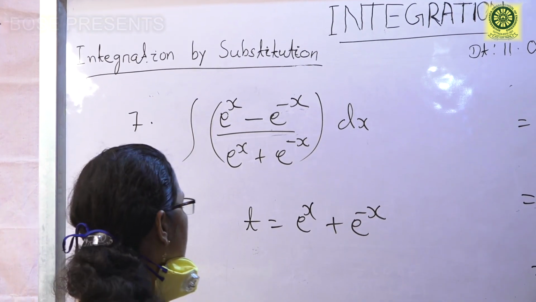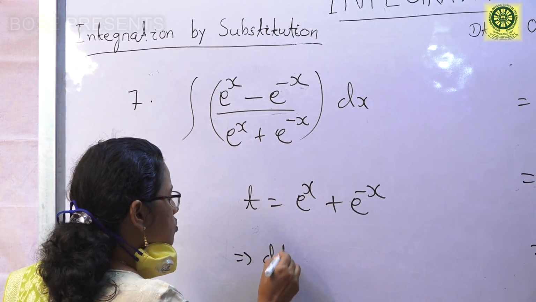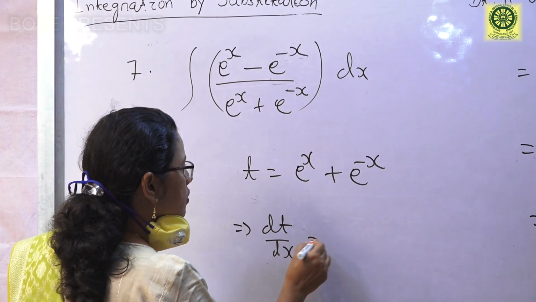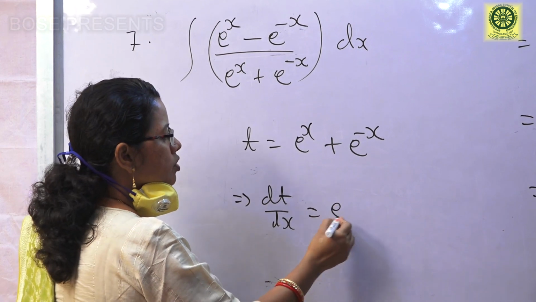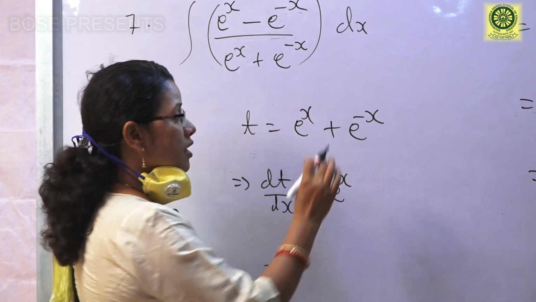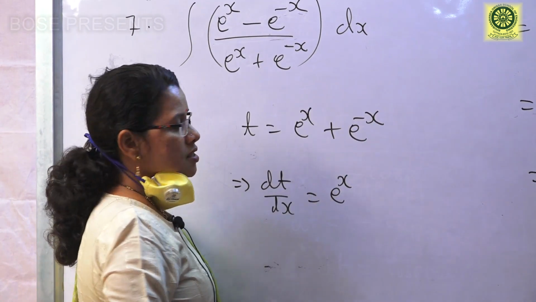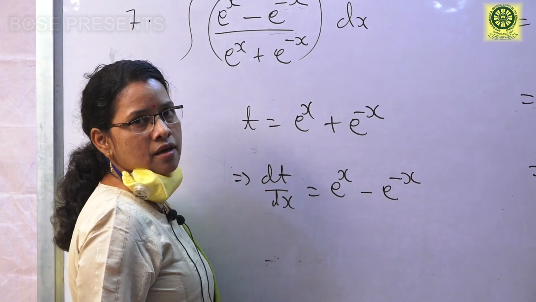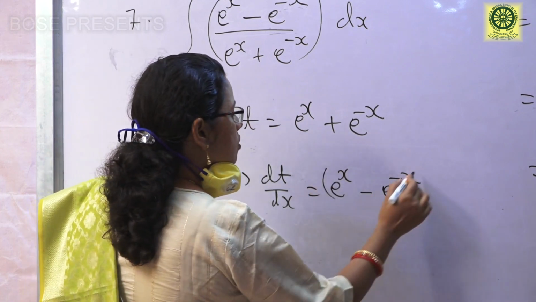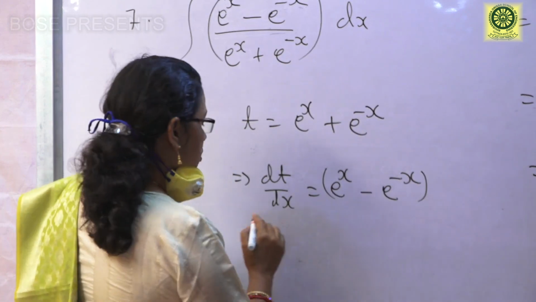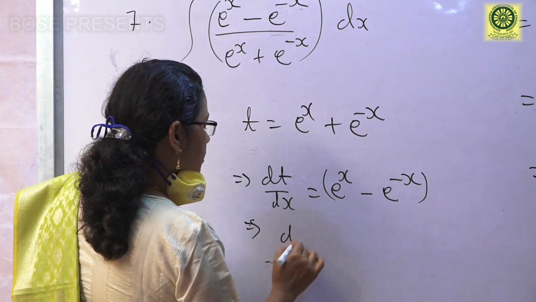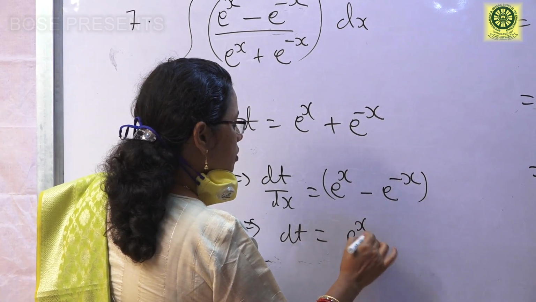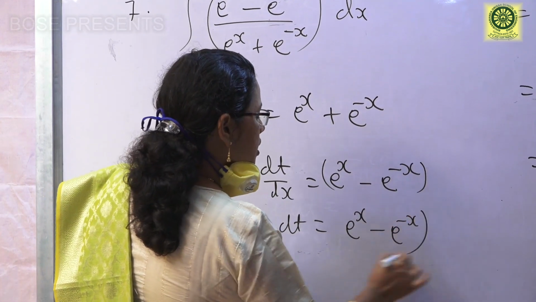Okay, then by differentiating both sides with respect to x, you have the derivative of e to the power x is e to the power x, and the derivative of e to the power minus x is minus e to the power minus x, as we have proved before. Okay, then dt is equal to e to the power x minus e to the power minus x dx.